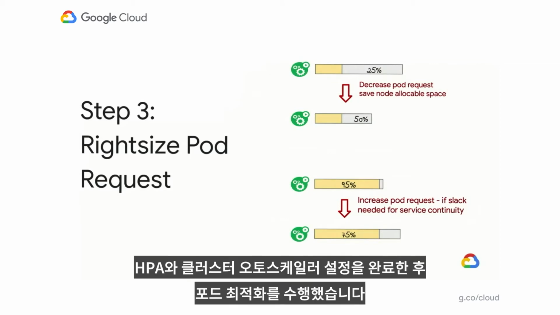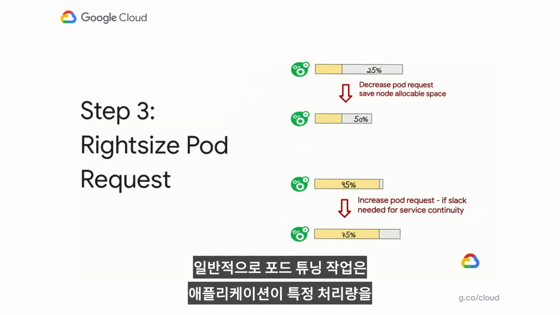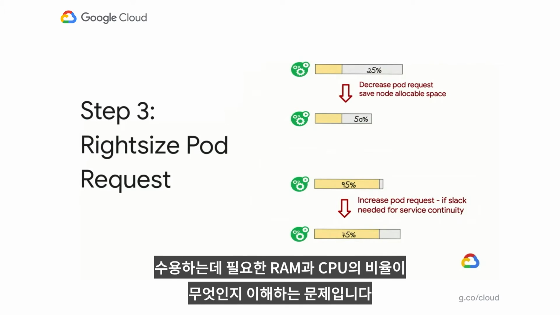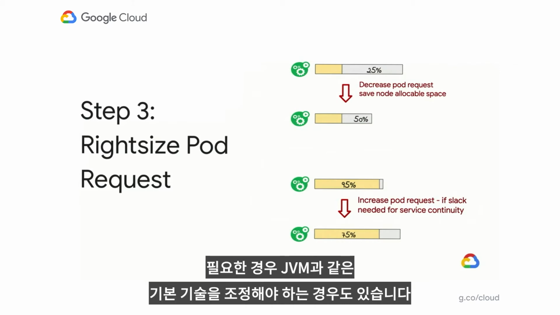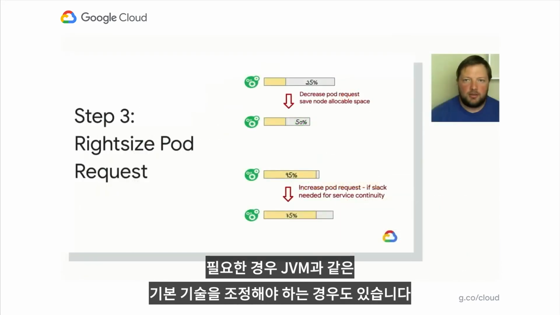Sure. With HPA and cluster autoscaling configured, we next looked at pod optimization. For the average case, pod tuning is a matter of making sure you understand the ratio of RAM and CPU needed for the application to operate at certain throughput. Then you just set requests and limits accordingly. In some cases, you may also need to tune underlying technology, like JVM, if needed.